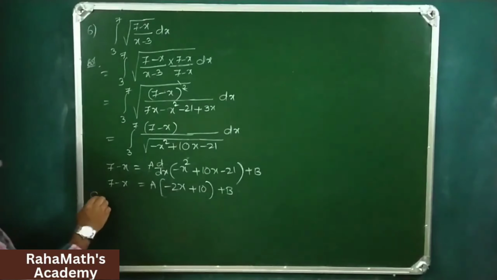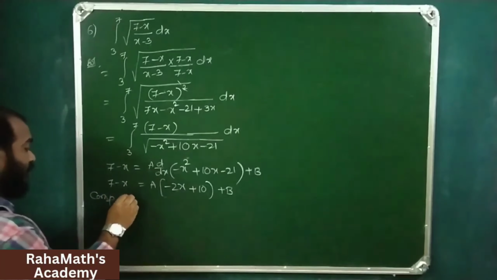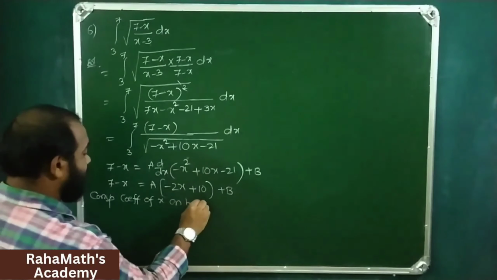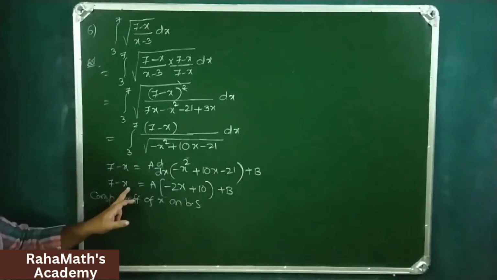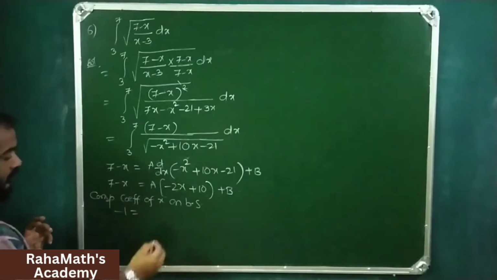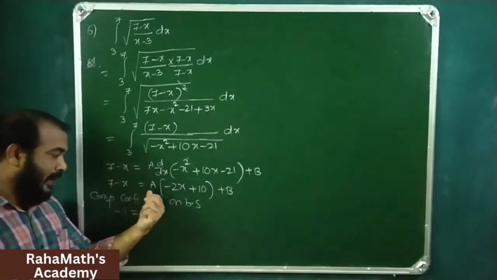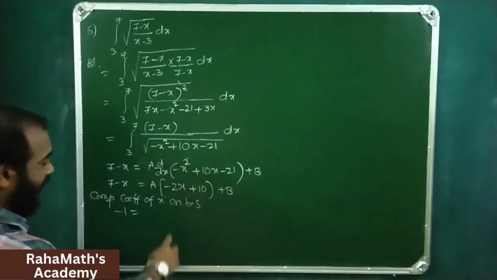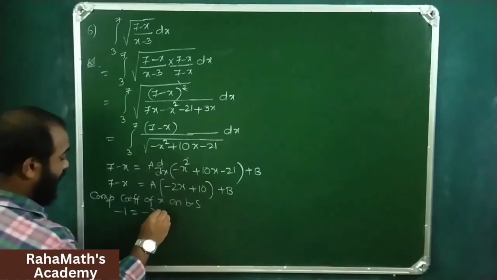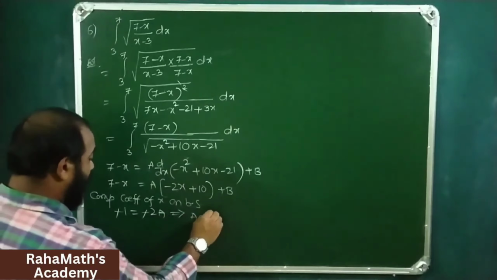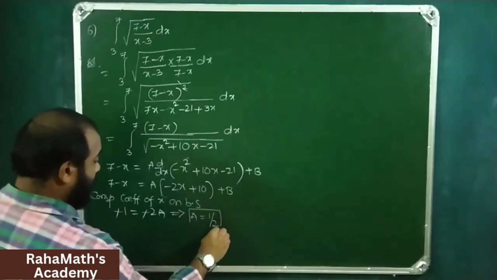Now comparing coefficient of x on both sides. Here the x coefficient is minus 1, and here it is minus 2a. Minus minus gets cancelled, so a is equal to half.